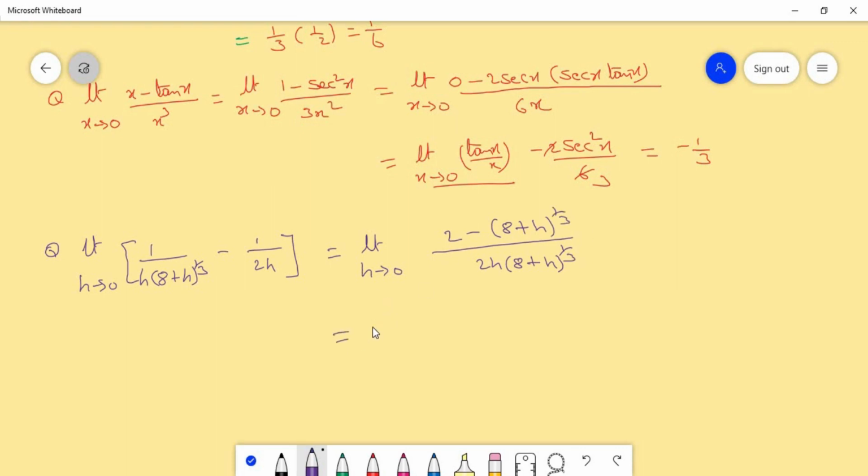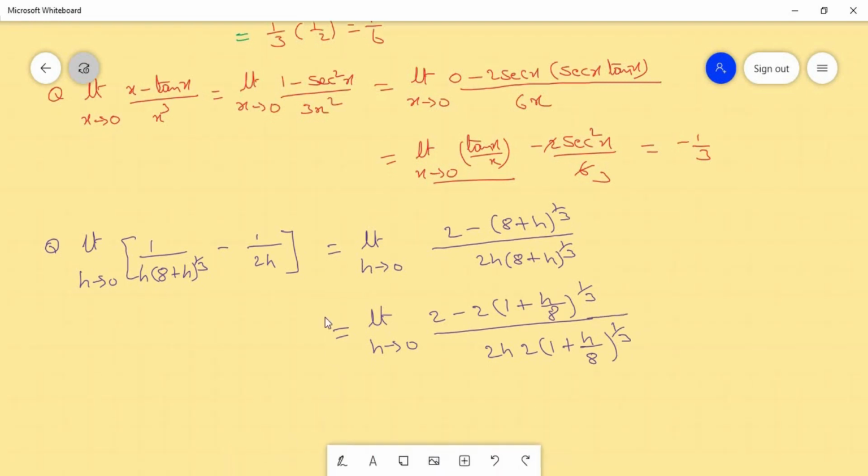Now, taking 8 outside, 8 power 1 by 3 is 2. Remaining value is (1 plus h by 8) whole power 1 by 3, whole divided by 2h into, here also I am taking 8 outside, then it is 2, (1 plus h by 8) whole power 1 by 3.